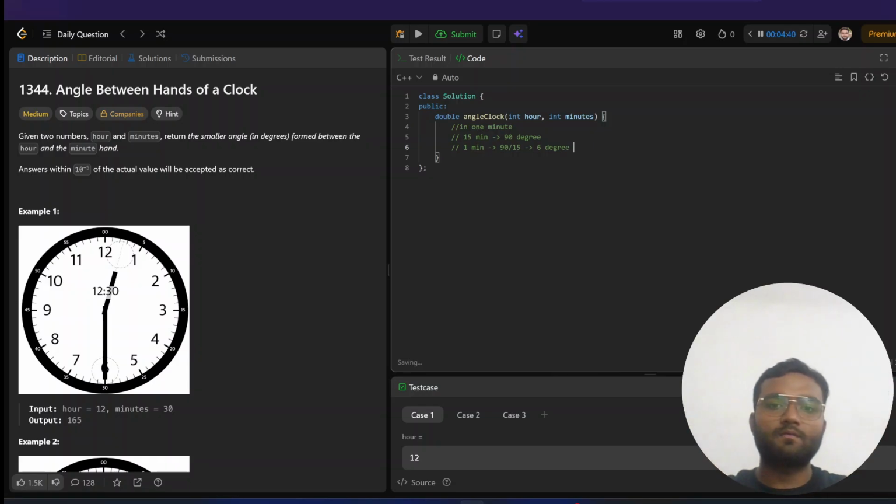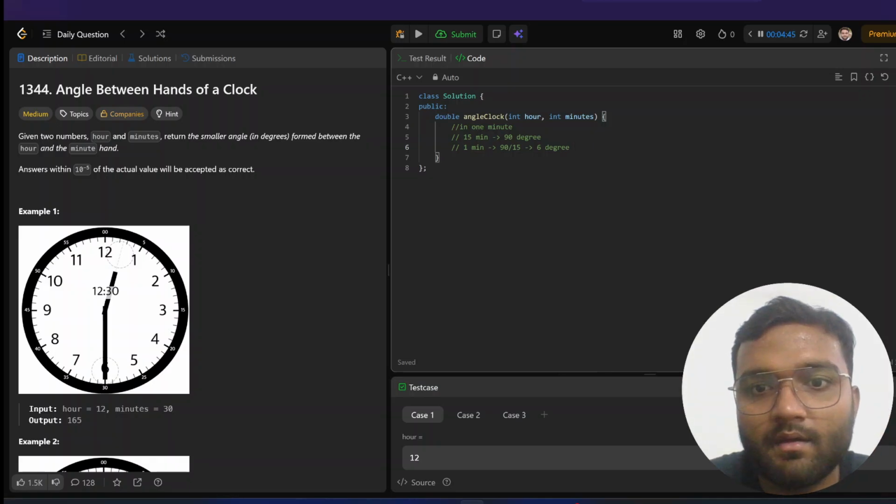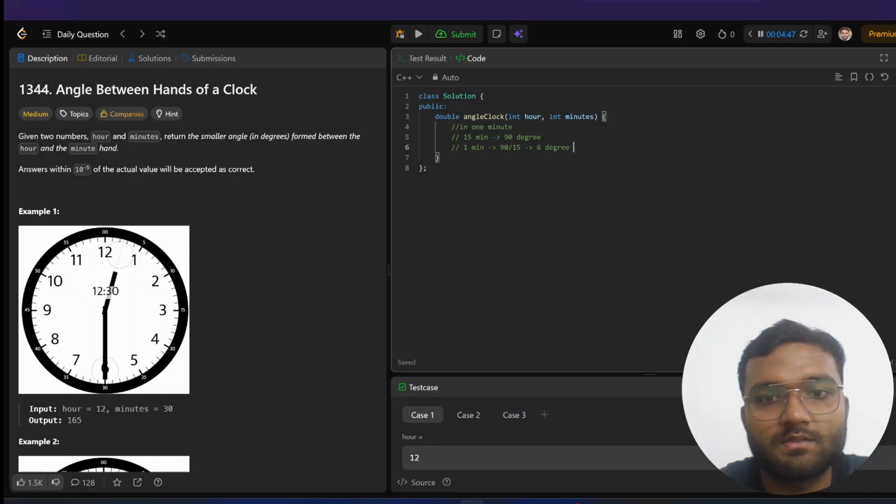That means in 1 minute the minute hand moves 6 degrees.